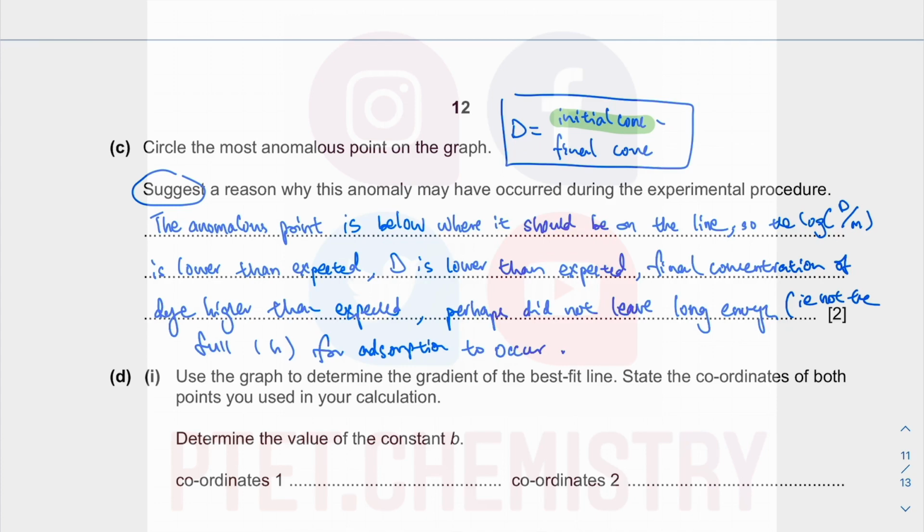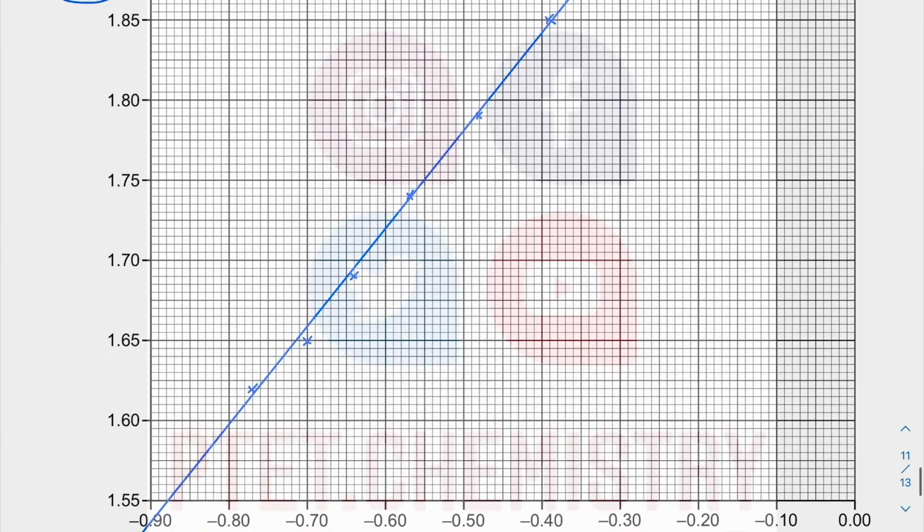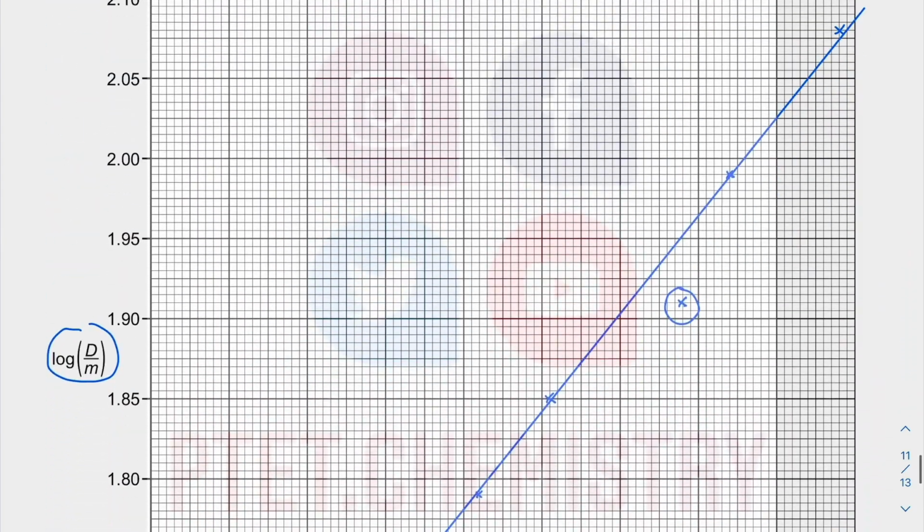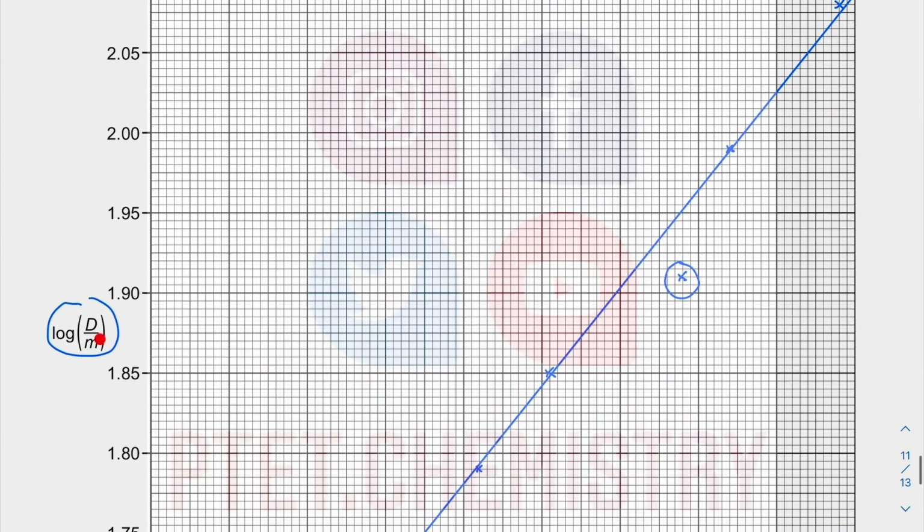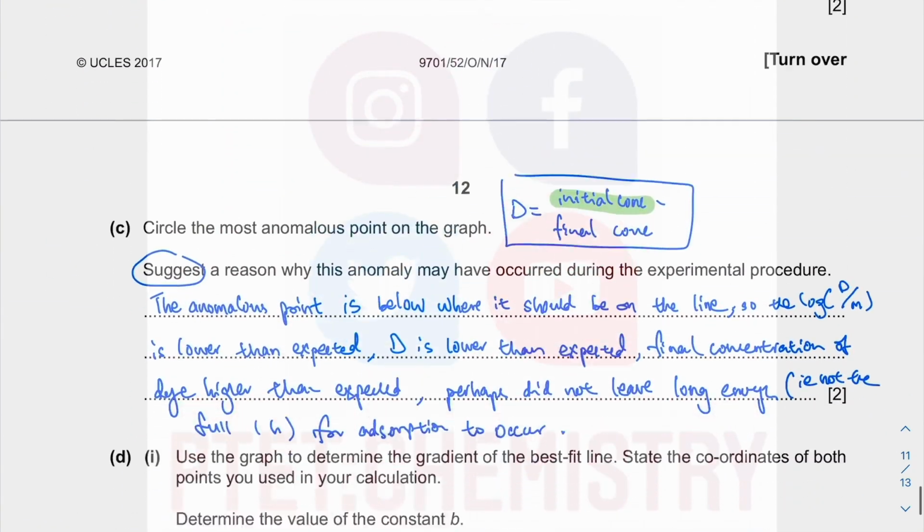Okay. Of course, you can also talk about the other thing, which is to do with the mass of the activated charcoal. You can talk about the M essentially. So what else is there? Log D over M is positive.